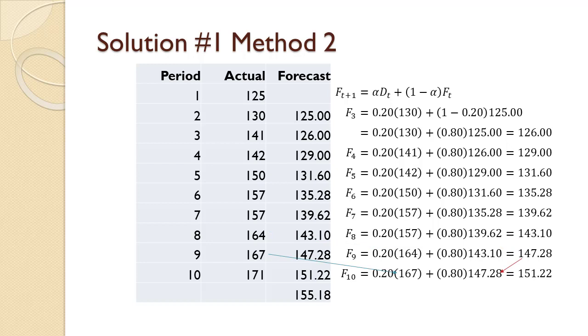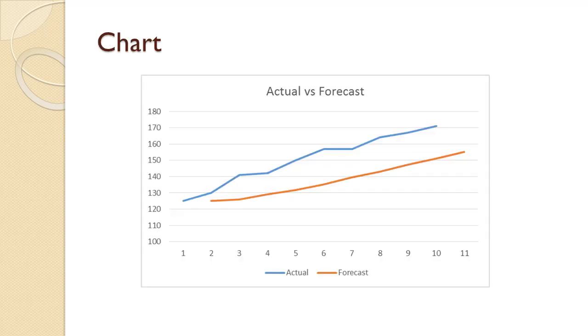For period 10, F10 equals 0.20 times 167 plus 0.80 times 147.28. This all equals 151.22. Finally, for period 11, F11 equals 0.20 times 171 plus 0.80 times 151.22. This all equals 155.18. The slide on the chart shows the actual data in blue and the forecast in orange.